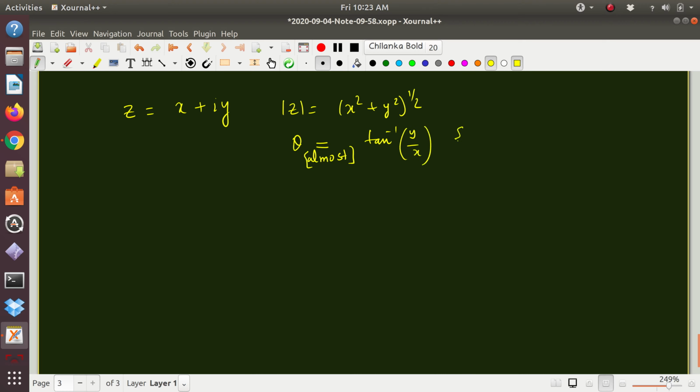It is only almost equal because you have to account for the quadrant in which the point lies. So this is very important while writing the modulus and amplitude of a complex number.